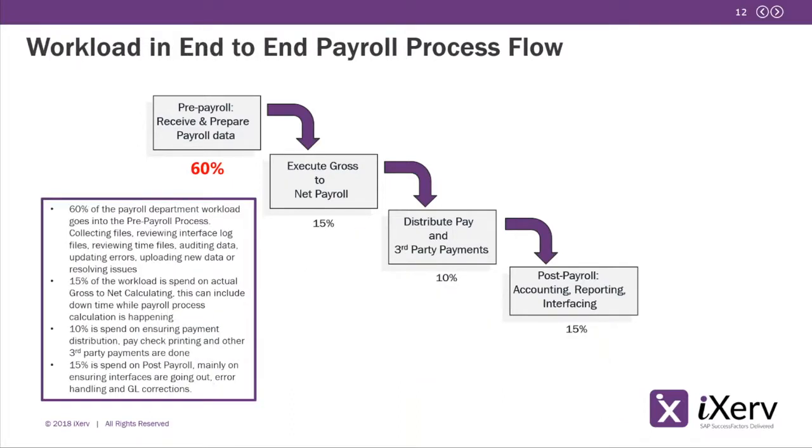So what does that really mean for the workload? And I think that's maybe good to look at to understand where SAP actually can be of some help. And then again, on top, what Spinifex later can also add to that, even on top of the standard stuff that SAP delivers. So if you look at the actual payroll process, this is kind of the workload across the multiple phases of payroll. Most of the work, unbeknownst to most people, is actually going into the pre-payroll piece.